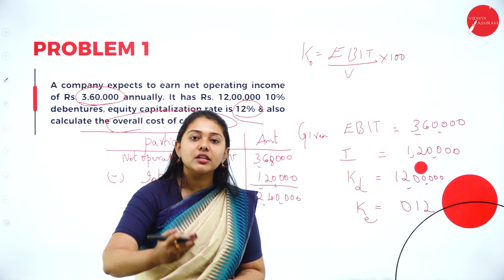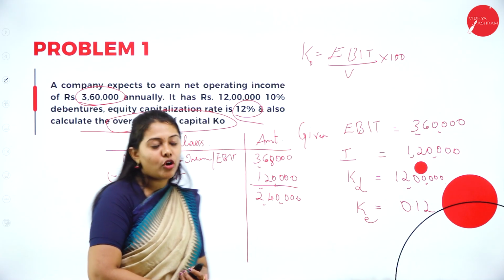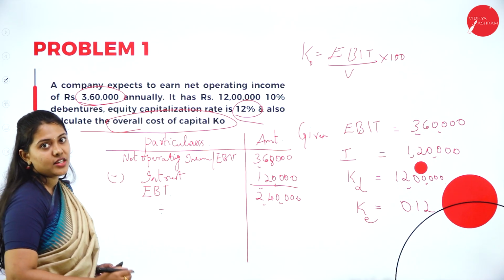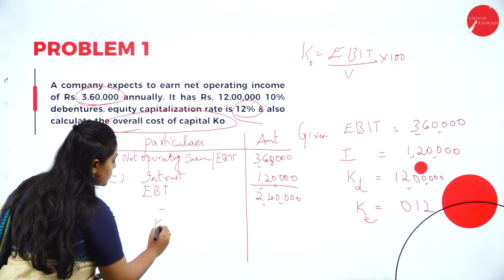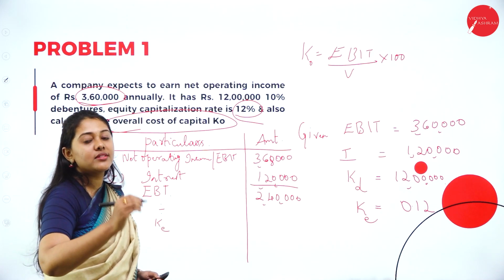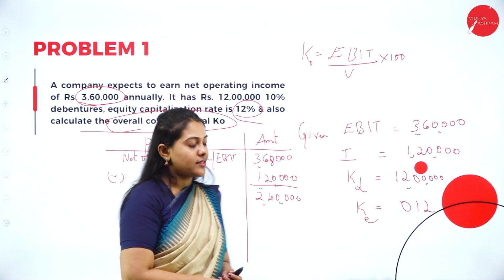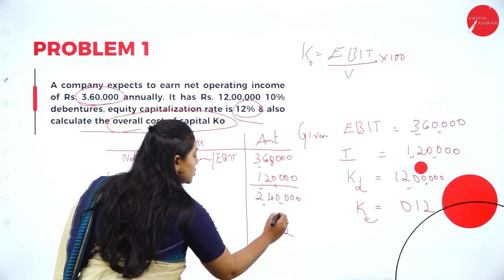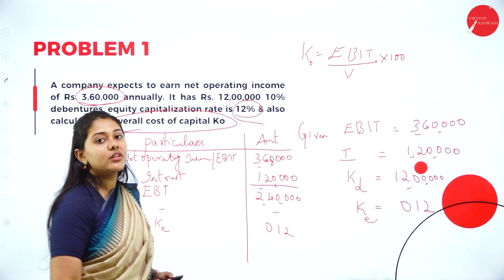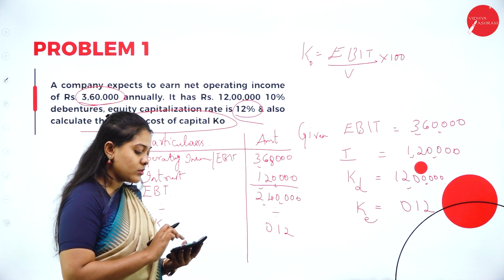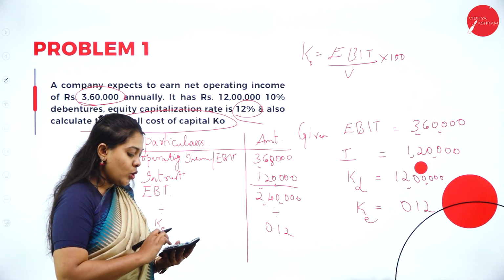And what is the next thing we have to follow according to the format? Divided by equity capitalization rate, that is your cost of equity. Equity capitalization rate is given as 12%, which we have converted into decimal, 0.12. 2,40,000 divided by 0.12.